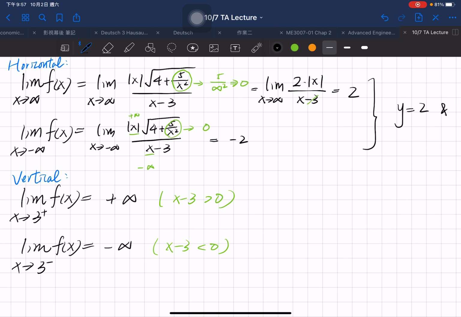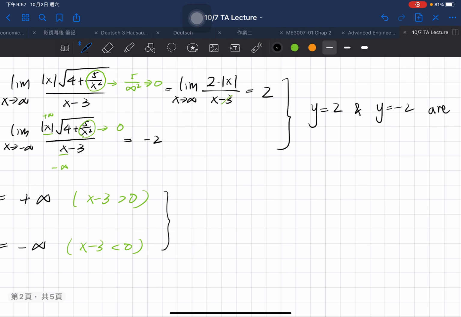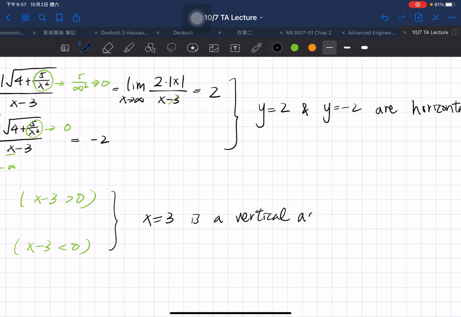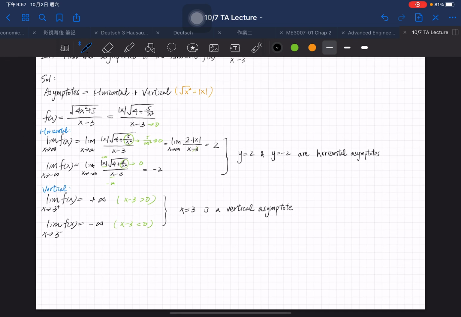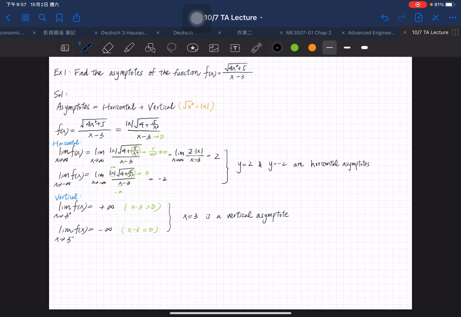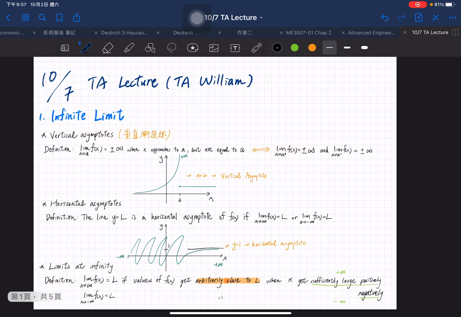Okay, so this is relatively simple. So we know that x equal to 3 is the vertical asymptote. Okay, so this is part of the infinite limit.